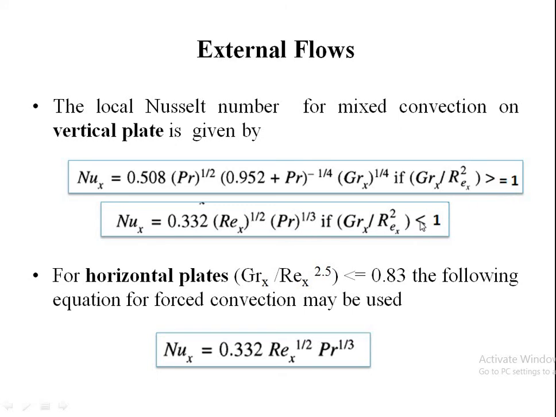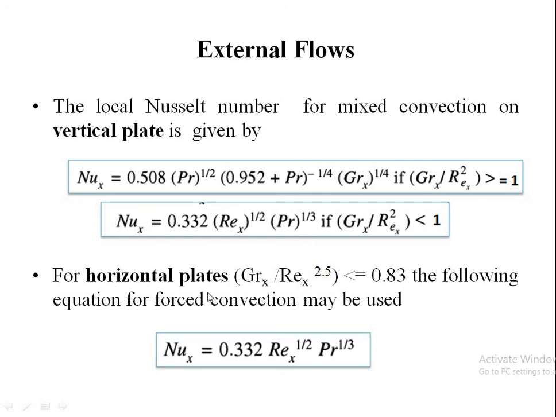If this value is greater than 1, then we have to use the equation: local Nusselt number equals 0.332 multiplied by the local Reynolds number raised to 1/2, Prandtl number raised to 1/3. This equation is used for forced convection only.